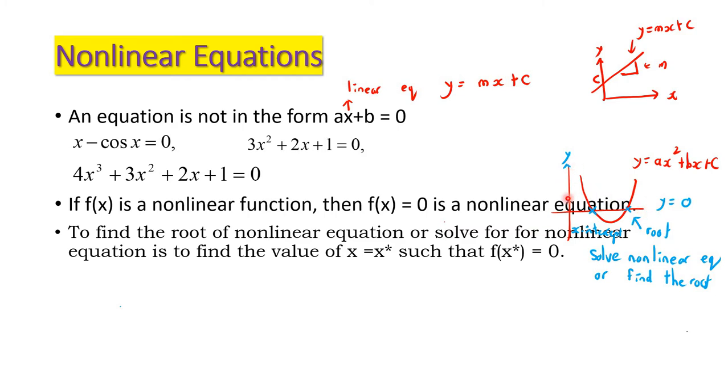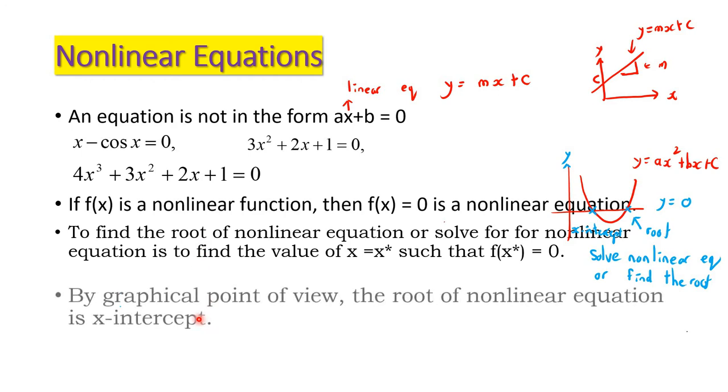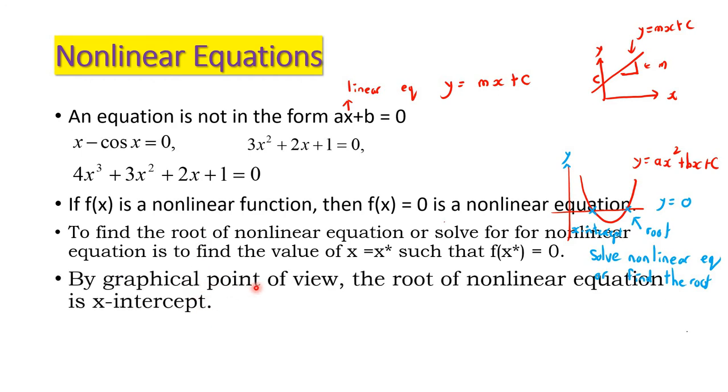If you can get the graph, then you can easily see it is the x-intercept. If not, what is the x value that, when we plug into the function f(x), gives 0? From the graphical point of view, the root of a nonlinear equation is the x-intercept.